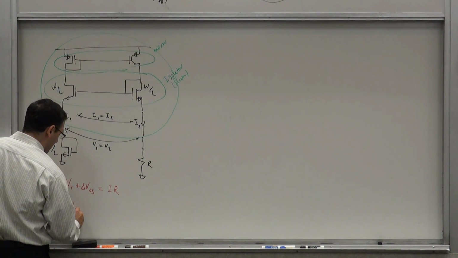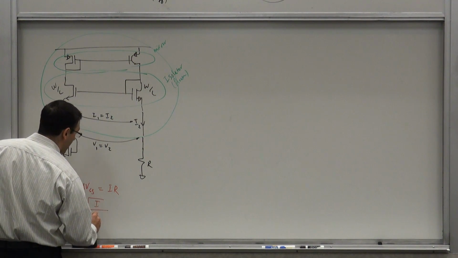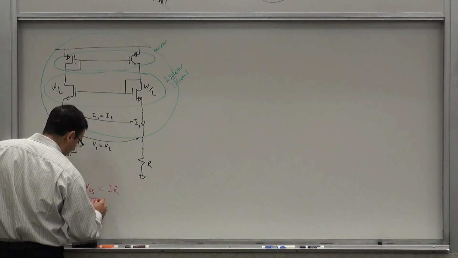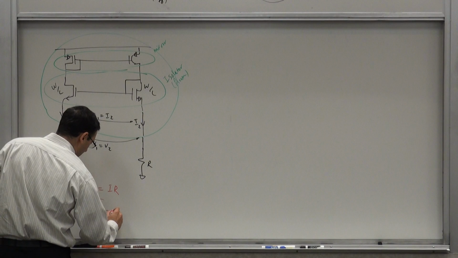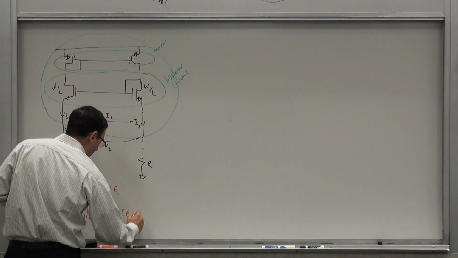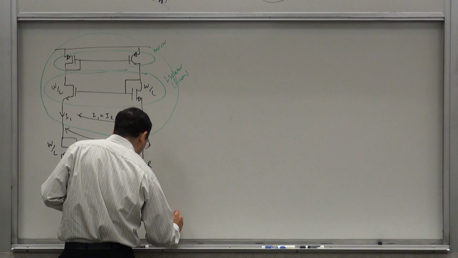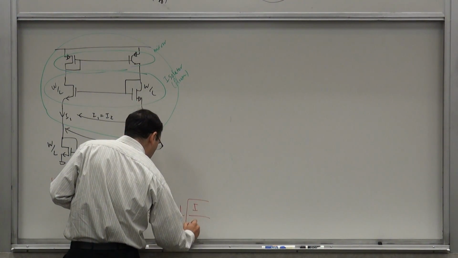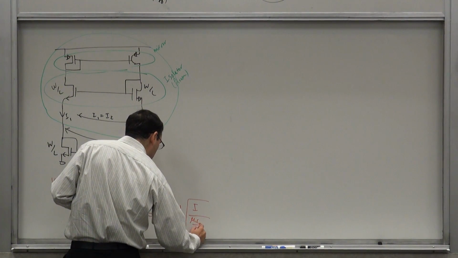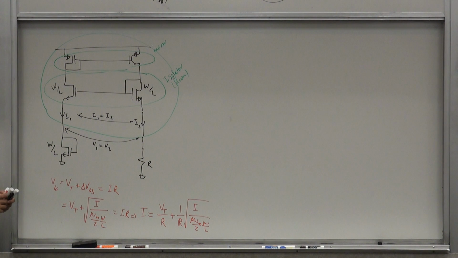But then Vt, and this delta VGS is basically I, divided by I1 and I2 being equal, I call them I, mu n Cox over 2 W over L of this guy. Therefore, I is Vt, the threshold voltage over R, plus 1 over R square root of I over mu n Cox over 2 W over L. Okay, so I got exactly the same equation as before.